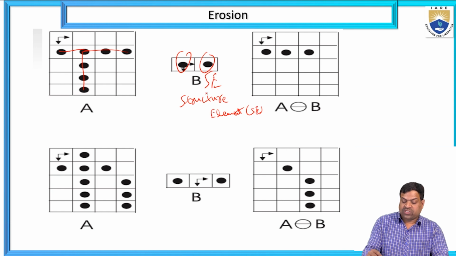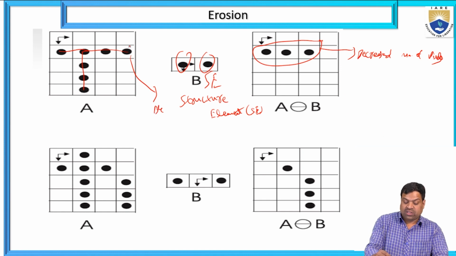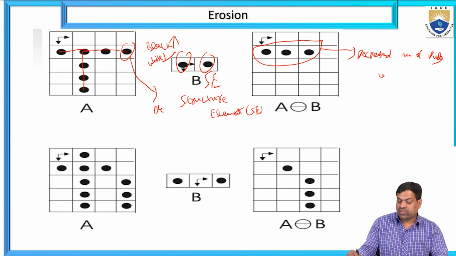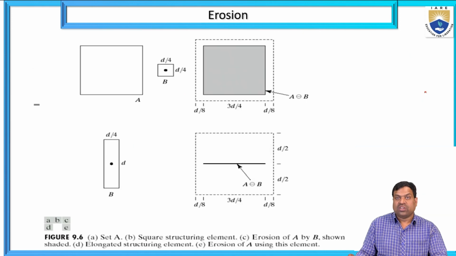Here the structuring element is SE, and we decrease the number of pixels. Here black is increased and white is decreased; there white is increased and black is decreased. How, we will discuss now.